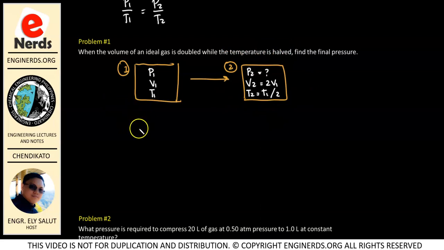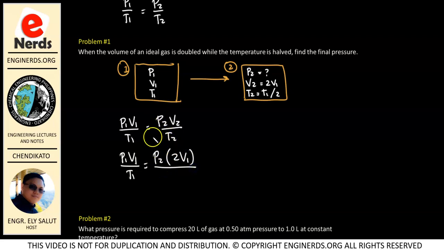So, let us now write our relationship for these variables. So, we will be using our combined gas law, which is P1 V1 over T1 is equal to P2 V2 over T2. Okay? We are told that V2 is equal to 2 times V1 and our T2 is equal to T1 over 2. So, let us substitute that. So, we have P1 V1 over T1 is equal to P2 times our V2, which is 2 V1, over our T2, which is T1 over 2.